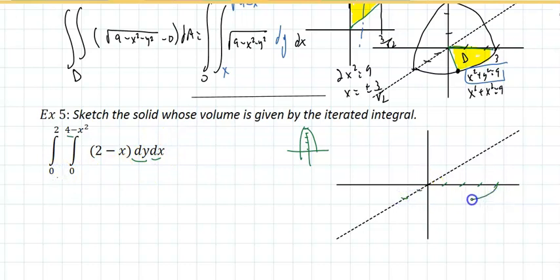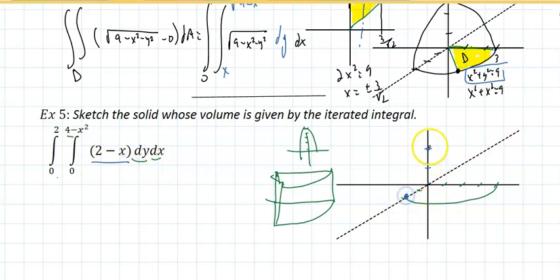So we're looking really at this portion. This should be running up. It's a prism, but I'm cutting that off by z equals 2. So if this is 2, that's 0.